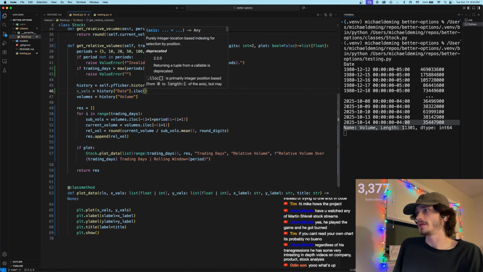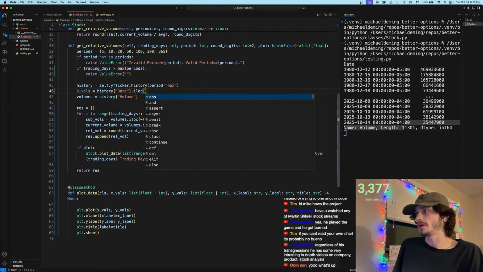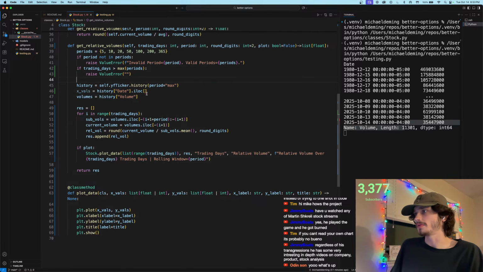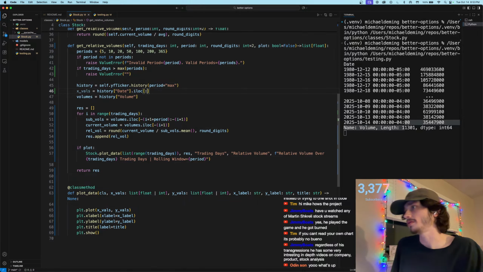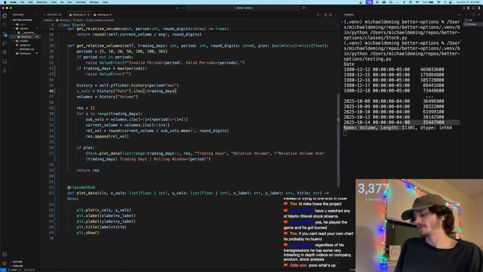I'll just do the iloc, and I want to locate on the range of the last 20 trading days, or the last X trading days. I'm so bad at slicing. It'd be trading days -1.